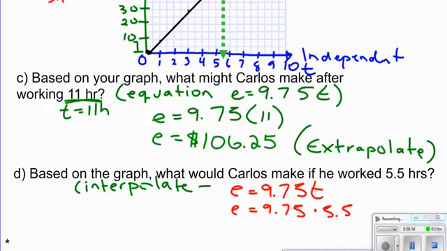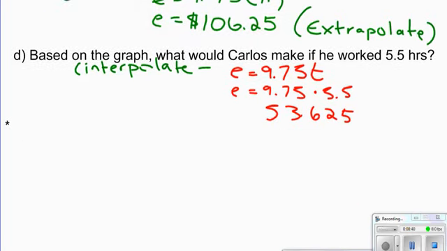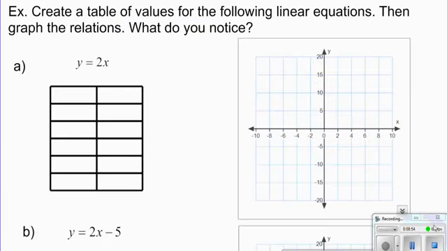So I get, oh, look at how good we were, okay? 53.625, that's pretty close. So in money, because money never has that kind of decimals, 53.63. It's not horrible. It's a good paycheck for 5.5 hours. That's a nice little Saturday.